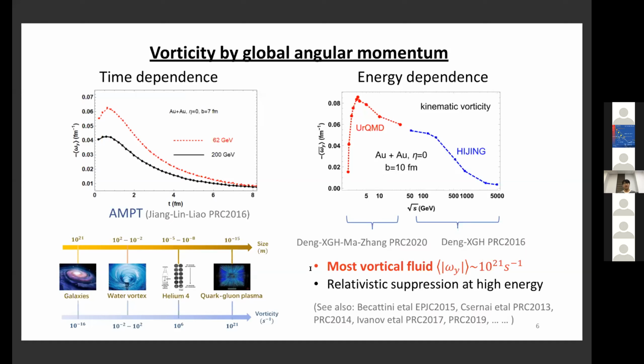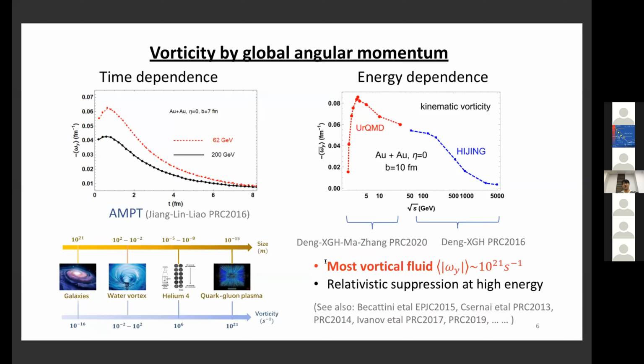So another important piece of information from the calculation is that the vorticity itself is actually very large. Its magnitude can be about 10^21 per second. And compared to any other fluid that we have ever known in nature, this actually is the most vortical fluid.